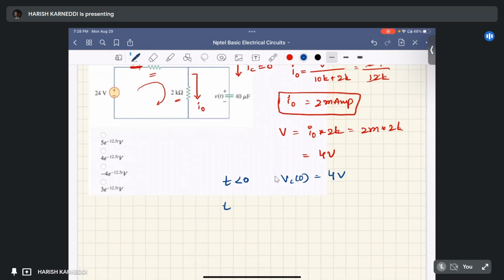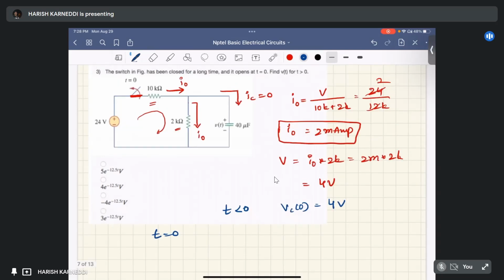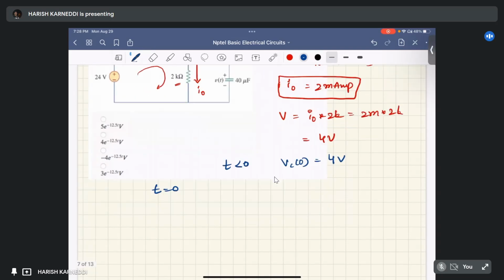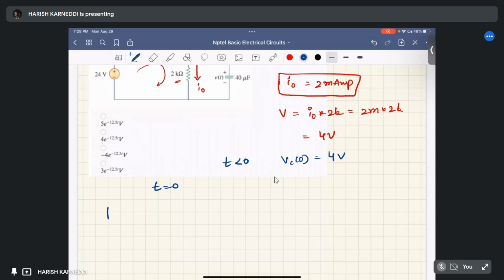At t equal to 0, the switch is opened. The switch is opened means this is an open circuit.